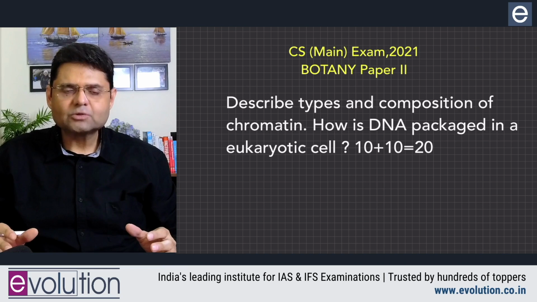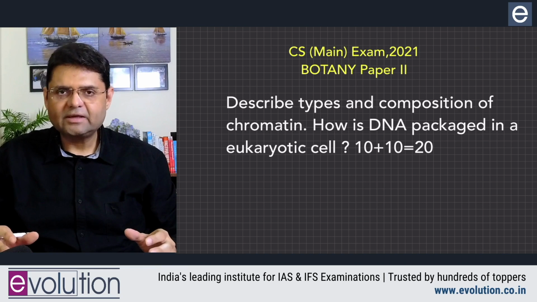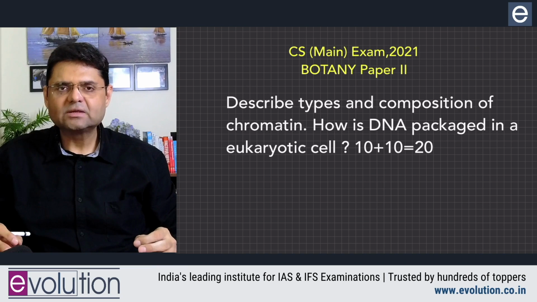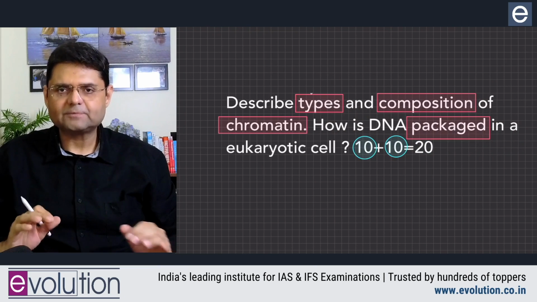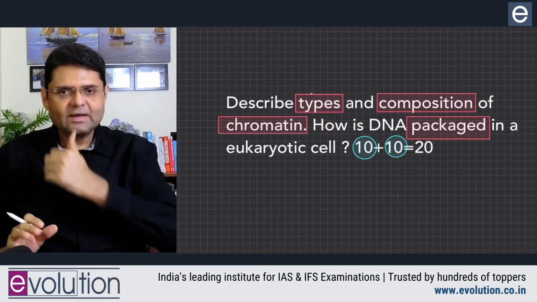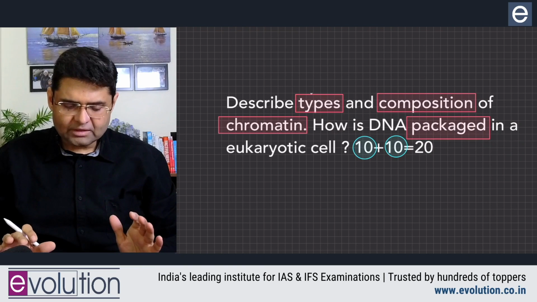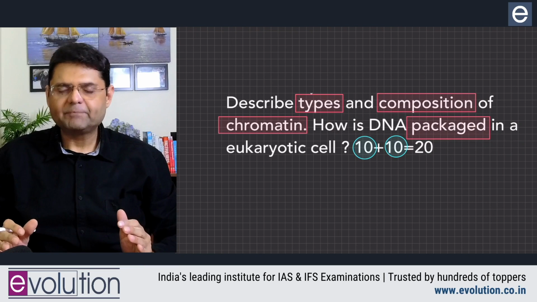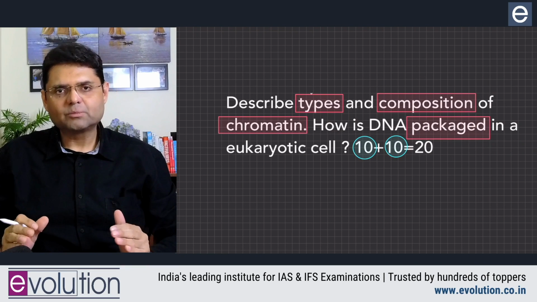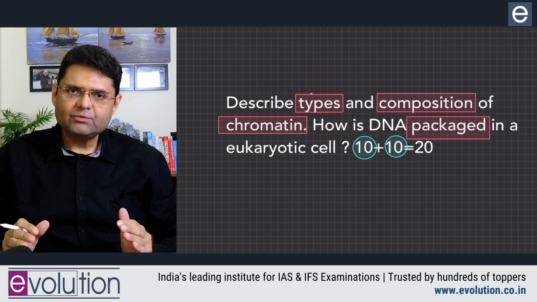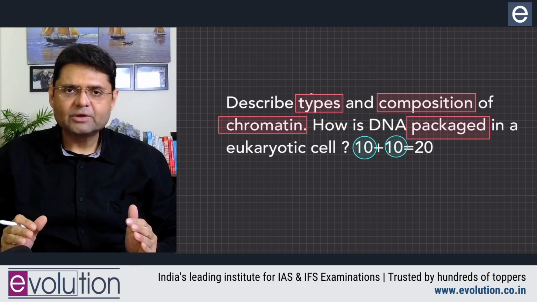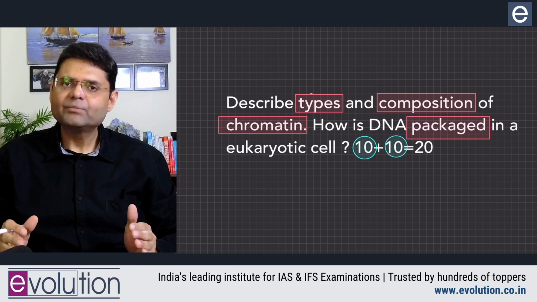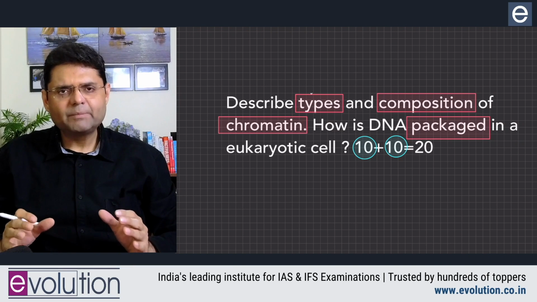Now, before proceeding with the answer writing, let us identify the key query words, the keywords of the question. The keywords are already put in the box. First keyword is types of chromatin. Second keyword is composition of chromatin. Third keyword, chromatin itself, because this is where ideally your answer should start, where you define chromatin and explain a bit about chromatin.